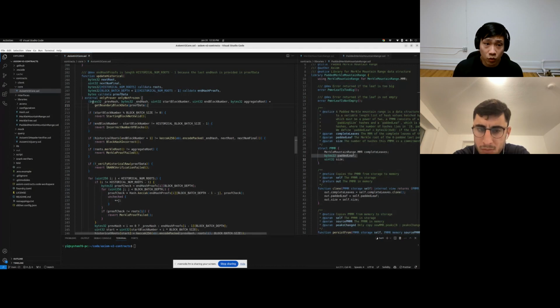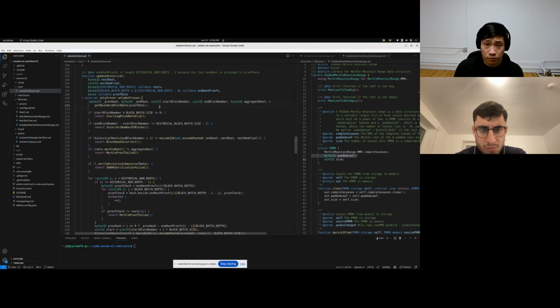In this case, what we're reading is the claimed previous hash of the block before the chunk of blocks this proof refers to, the claimed last hash, which is the last block hash in the string of blocks this proof refers to, the starting block number in the chunk, the ending block number in the chunk, and finally, the Merkle root over all of the block hashes in this chunk.